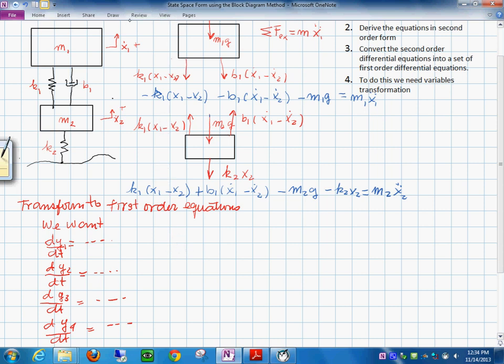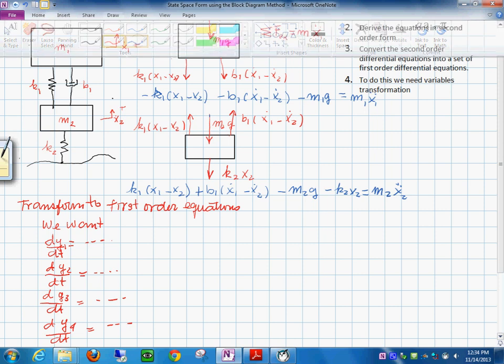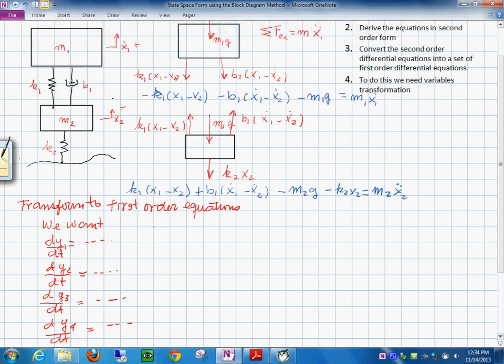What we need to do is, the first variable that changes is that I would say that x sub 1 is equal to y1, and that dy1 dt is equal to y sub 2.